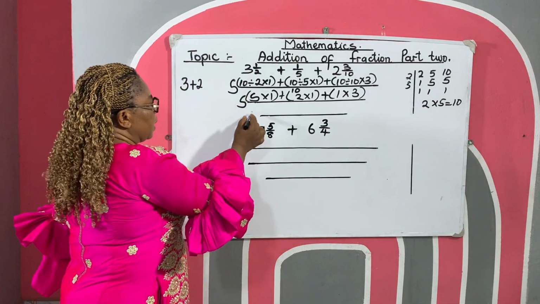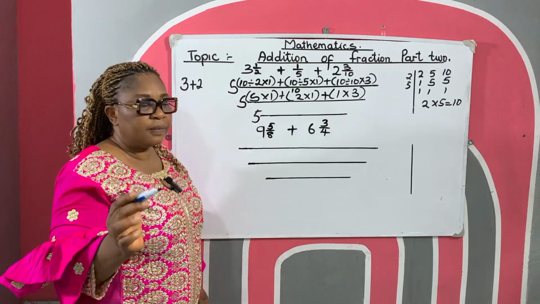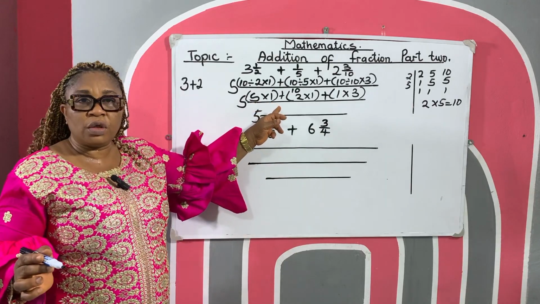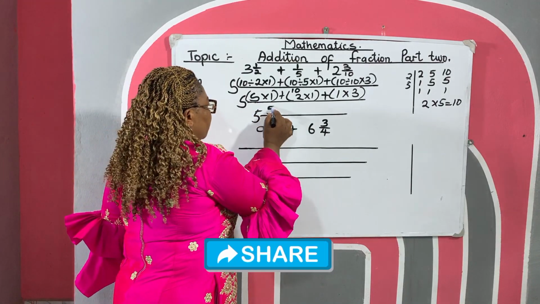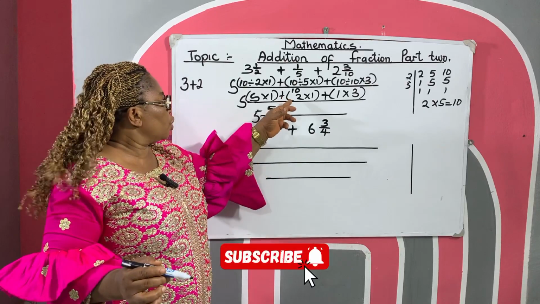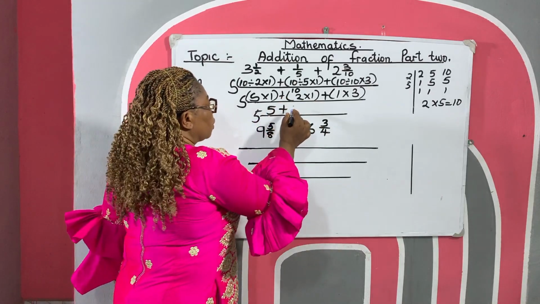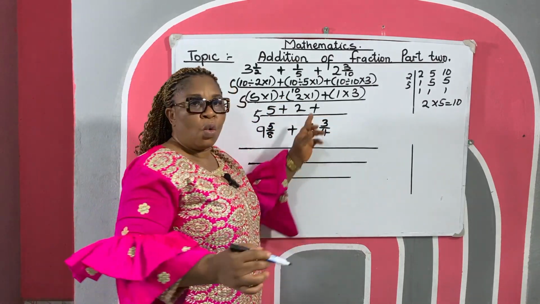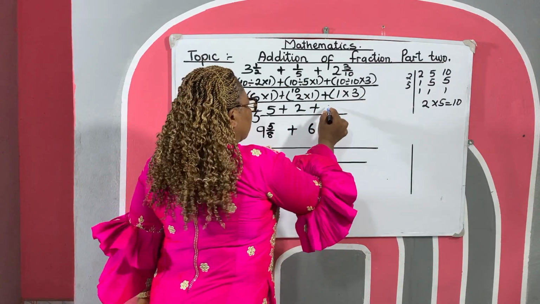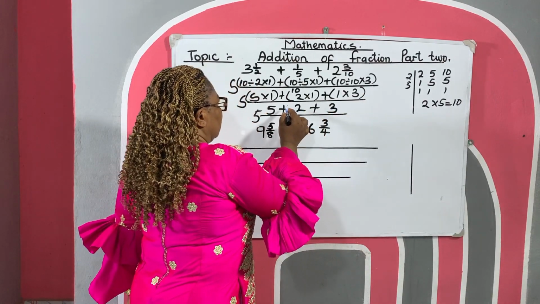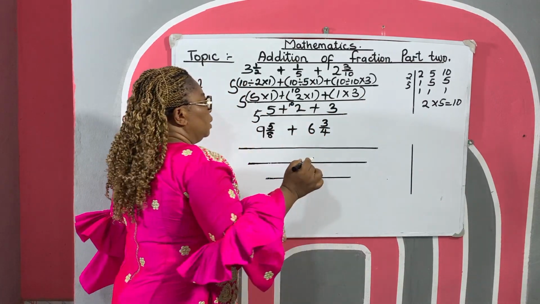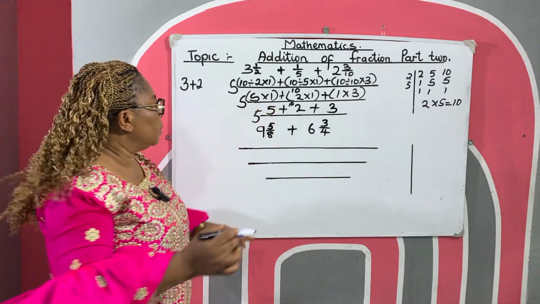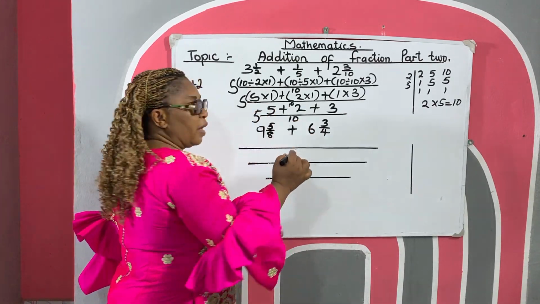Okay? We bring down the whole number again. 5 times 1 will give us 5. 2 times 1 will give us 2. 1 times 3 will give us 3. The LCM is still there.